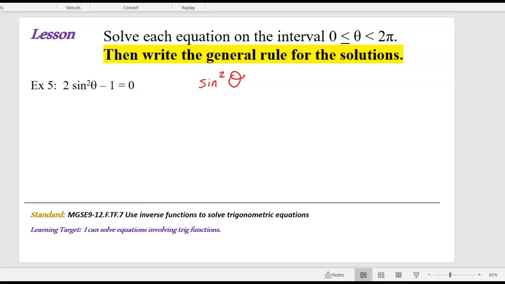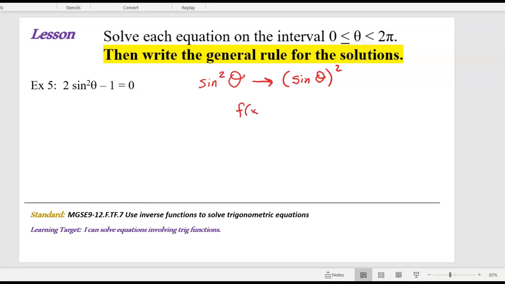That actually means, just to be clear, you're going to find sine of theta and square it. So it's a shorthand, a different way of writing something squared. I know it looks like you're squaring sine, which doesn't even make sense, but it literally means sine theta squared.